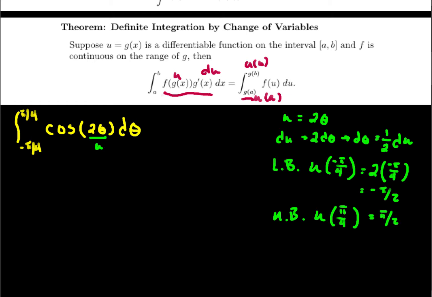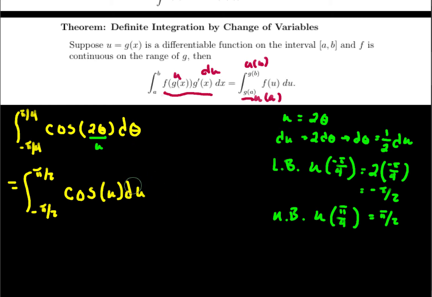So putting that all together, this integral is equal to the definite integral from negative pi over 2 to pi over 2. These are my new bounds of integration, and it's cosine of u du. And now if I take the antiderivative of cosine, I forgot my 1/2. Let me fix that.